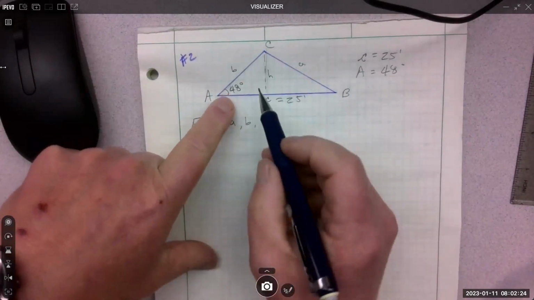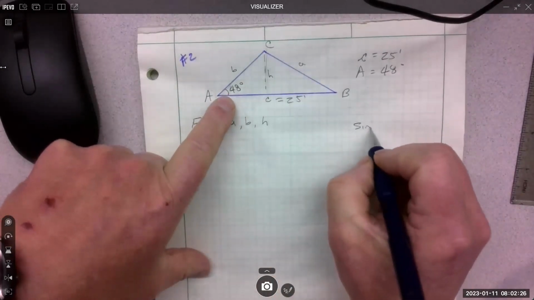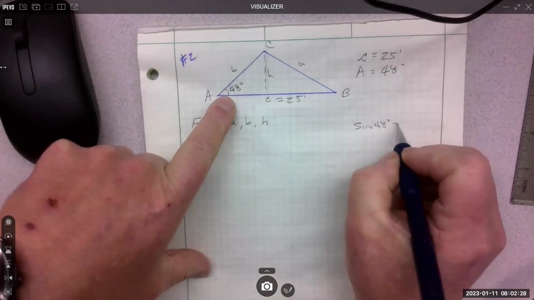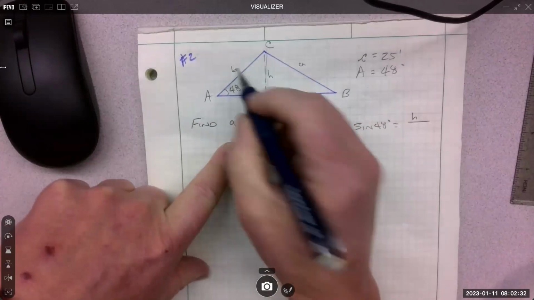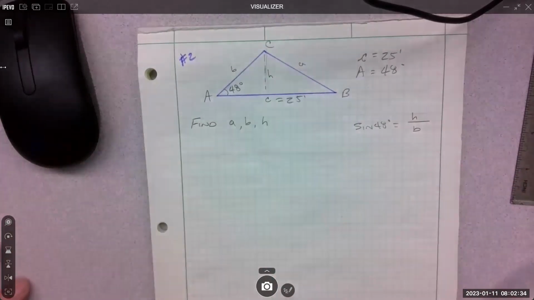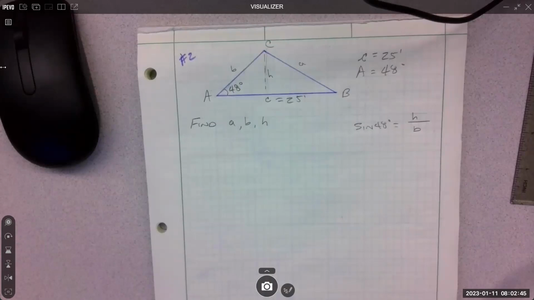If you go sine 48, we have to know what? Sine 48 degrees equals, that would be H over B. Do we have any of those? We just have C is 25 feet, and we have A is 48 degrees.